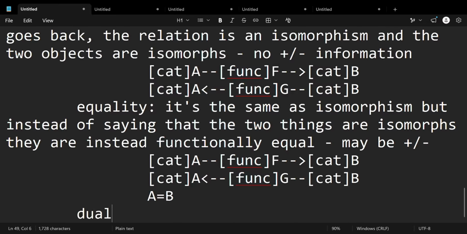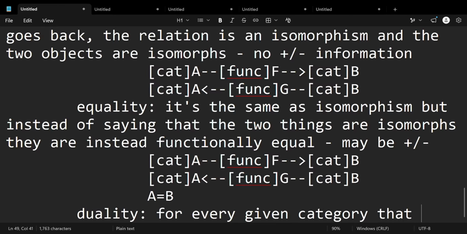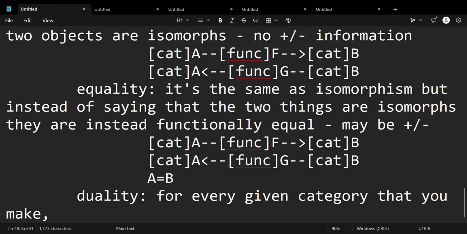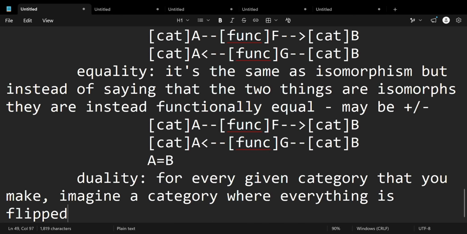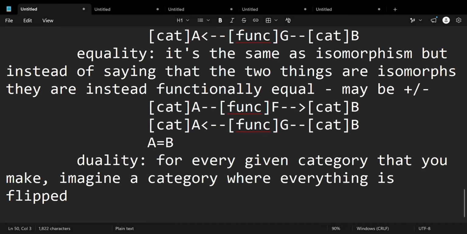And then the next rule is duality, which is for every given category that you make, imagine a category where everything is flipped, right? And again, you don't have to explicitly write this. It's just sort of good practice to keep these things in mind, right?